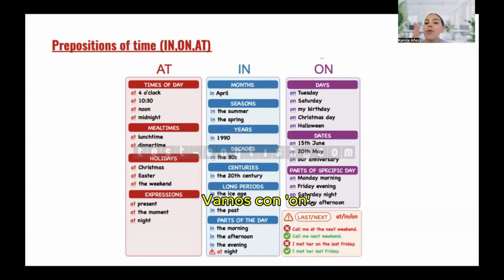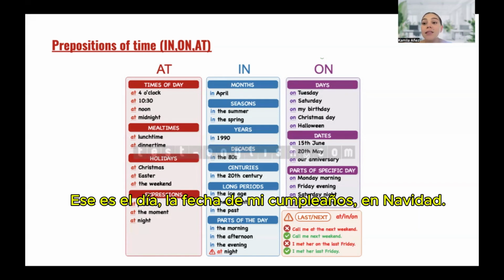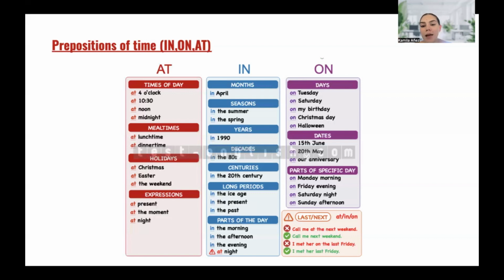Let's go with on. We use on for days, dates, and part of a specific day. Days: on Tuesday, on Saturday, on my birthday. That is a day, the date of my birthday. On Christmas Day, el día de Navidad. On Halloween, okay?